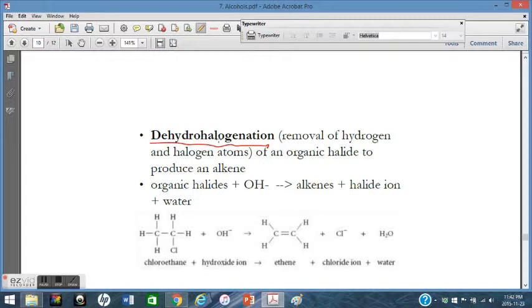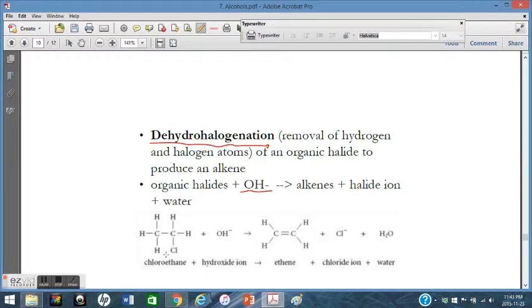And here we can start with an organic halide, which we were talking about yesterday and Thursday, to produce an alkene. So in this case, we actually need an OH minus. This is our hydroxide ion. So we start off with our organic halide, chloroethane, and a hydroxide ion.